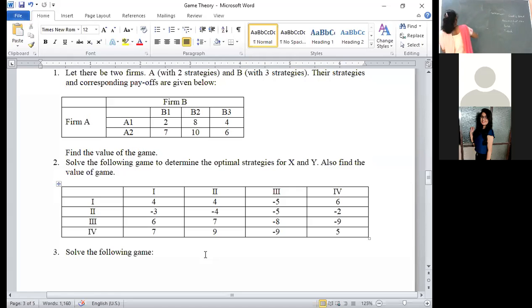Row minima is equal to column maxima, is it verified?